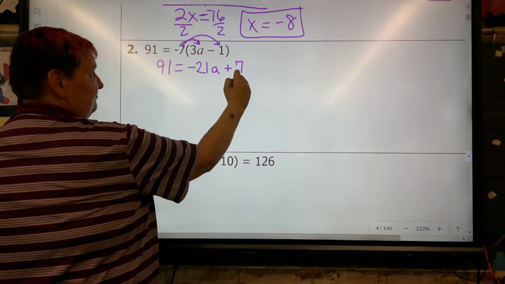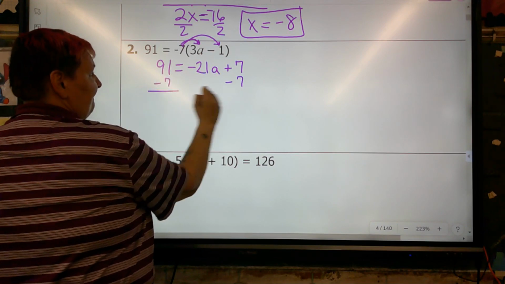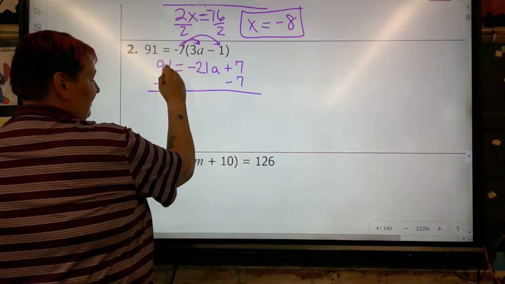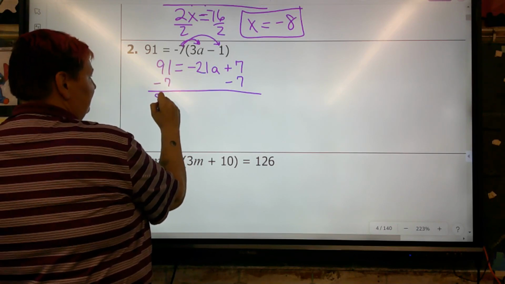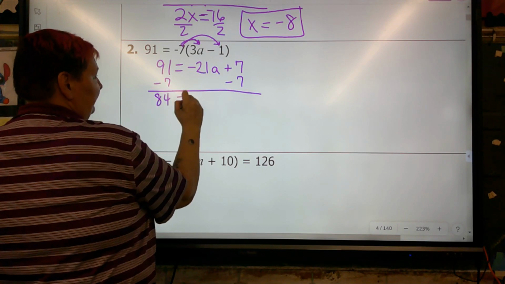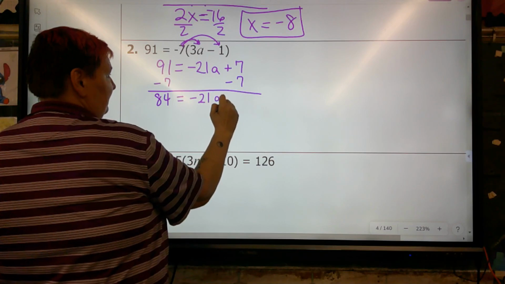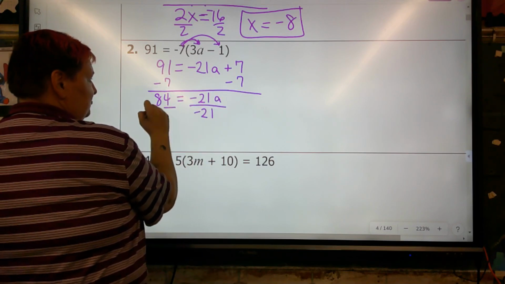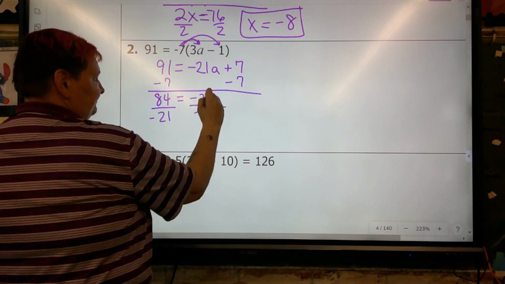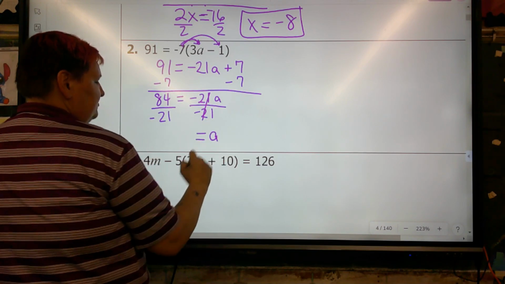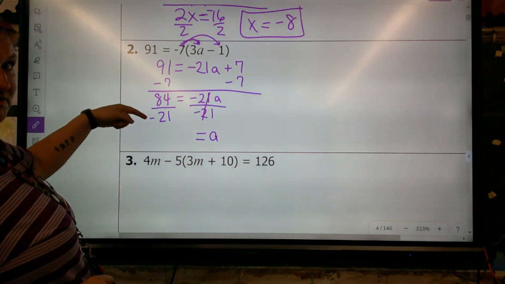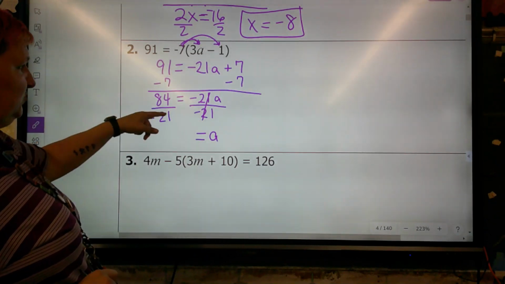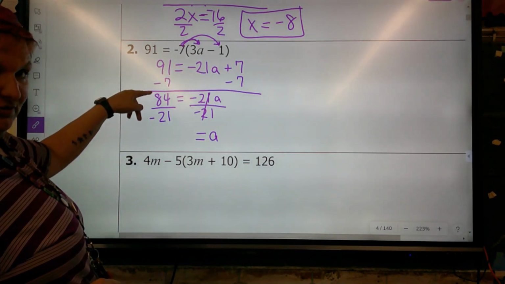Get rid of the constant first. So 84, right? 84 equals negative 21a. Divide both sides by negative 21. A equals 4, because 21 times 4 is 84.